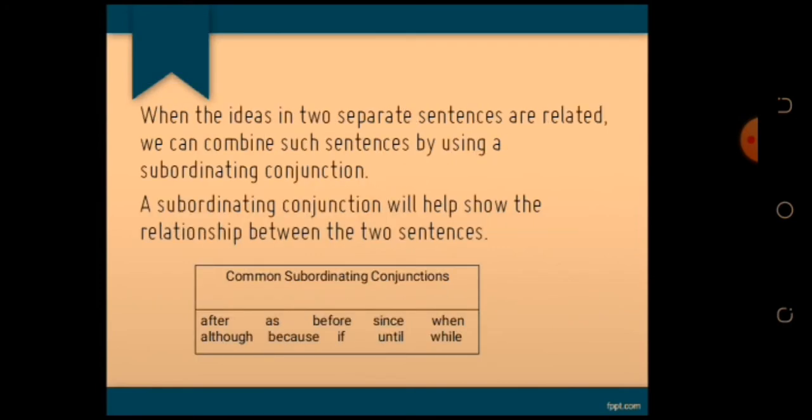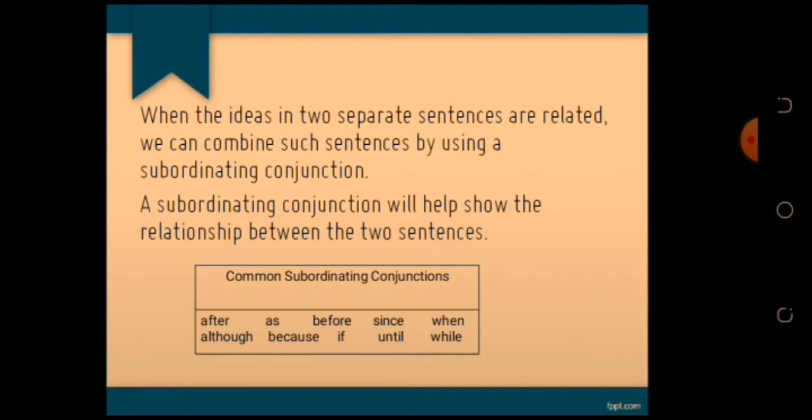When the ideas in two separate sentences are related, we can combine such sentences by using a subordinating conjunction. That's another way of combining sentences. We can use a subordinating conjunction, and also there will be the use of a comma.